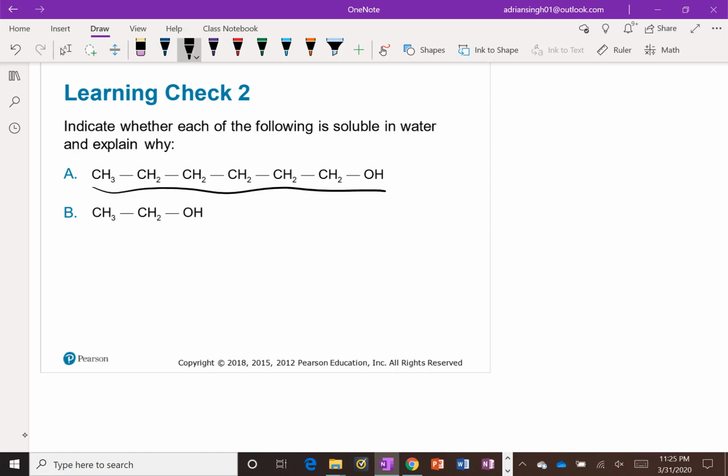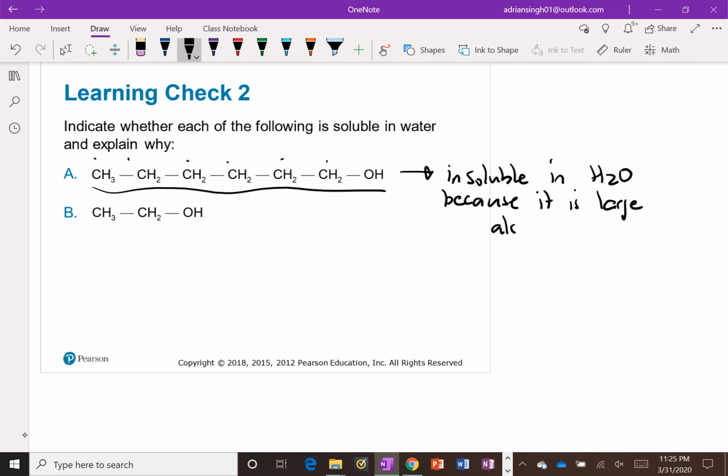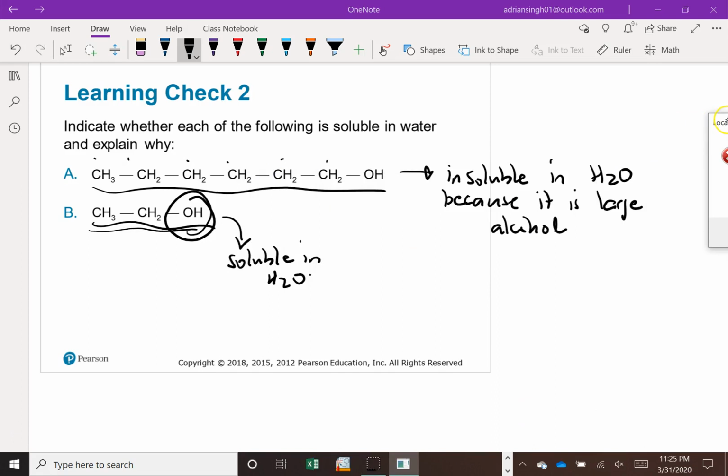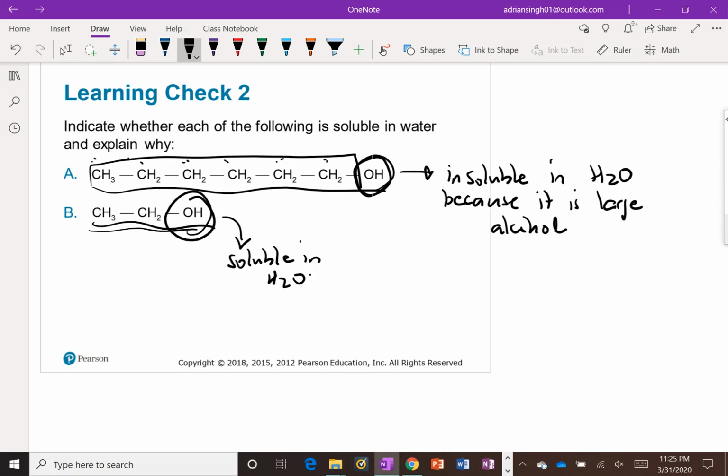So if we have something like this, which has 1, 2, 3, 4, 5, 6 carbons in it, even though it's an alcohol, we would expect it to be insoluble in water, because it is a relatively large alcohol, whereas something like ethanol, we would expect that to be soluble in H2O because the polar region of it makes up a big part of the molecule, whereas in the case of, let's see here, 1, 2, 3, 4, 5, 6, so this was hexanol, the polar region only made up a very, very small percentage of it. So the majority of this molecule is actually nonpolar.